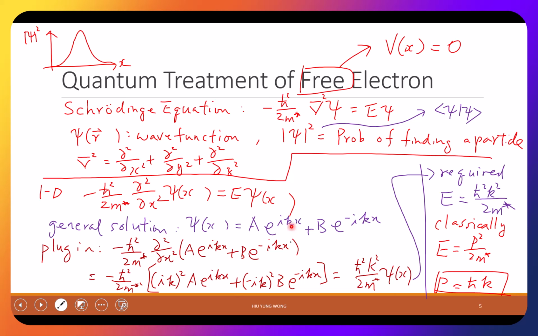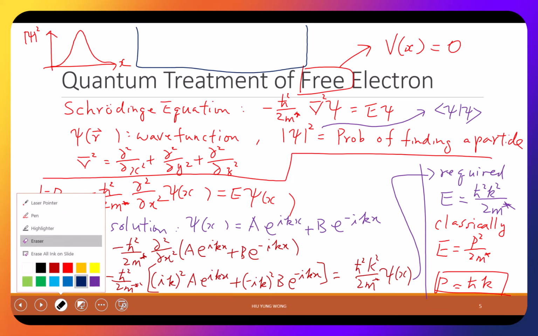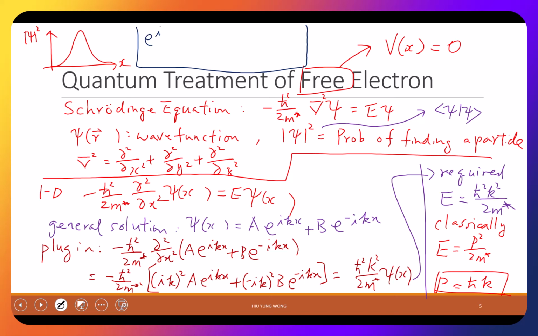Now you go back to here, ikx. Let's think about this. What is e to the power ikx? It is equal to cosine kx plus i sine kx, right? So this is just like a wave, a periodic function, right?